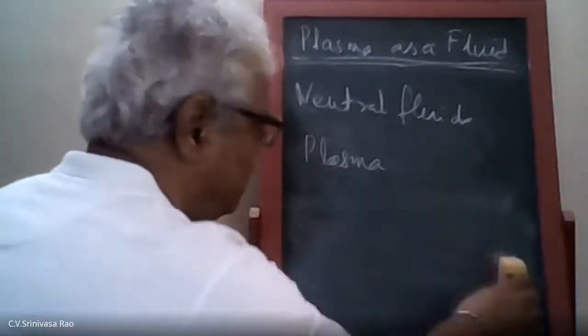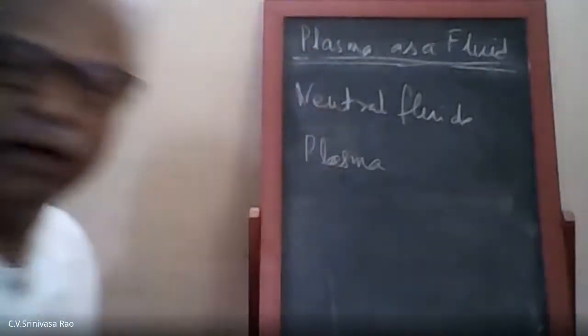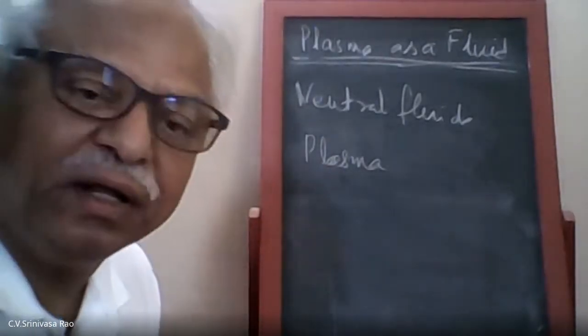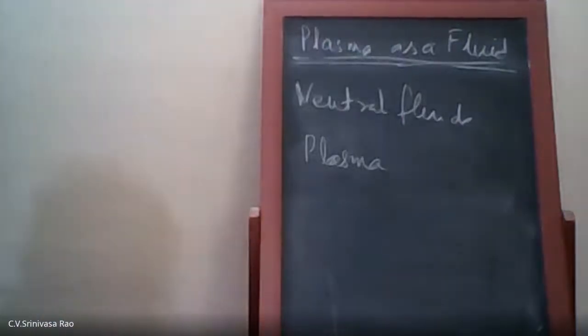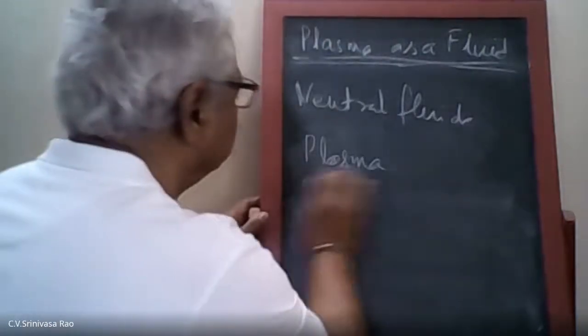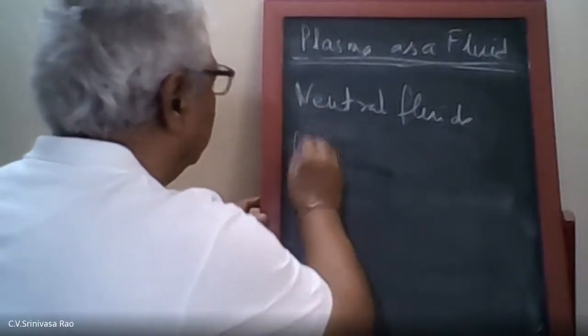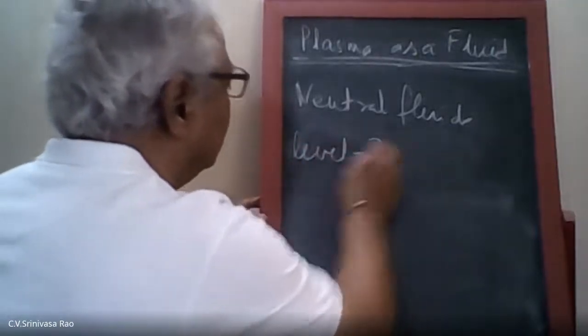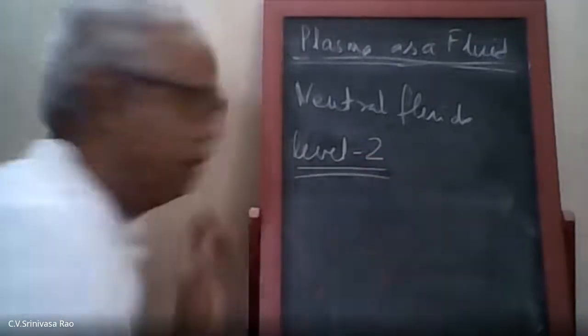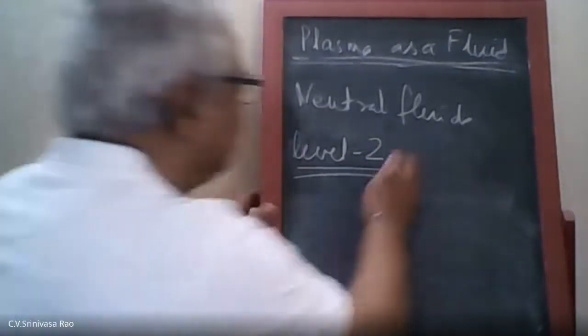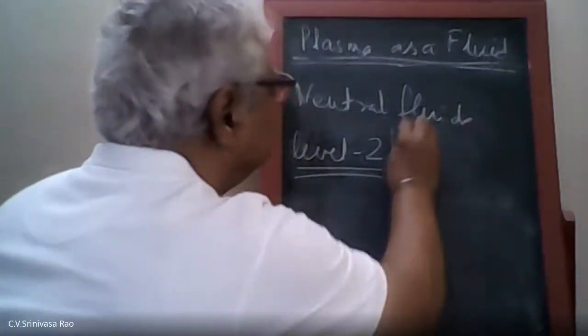Okay, then I'll just remove this portion. See, 0 level and level 1 for plasma is also same as the neutral fluid. Now coming to the level 2. So level 2, it will be described by a distribution function.